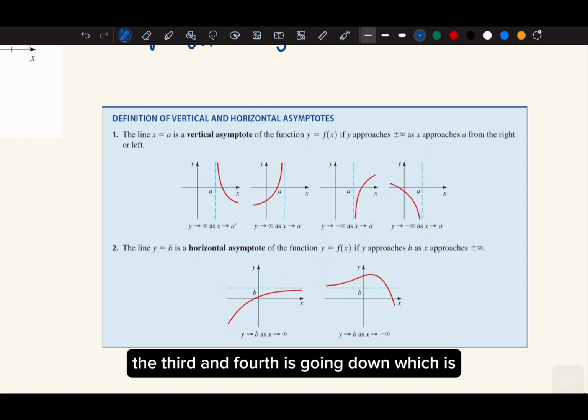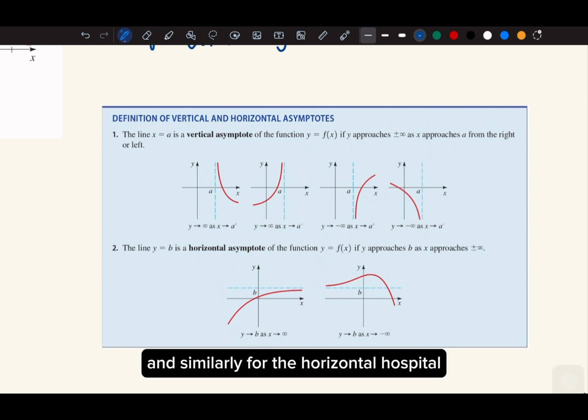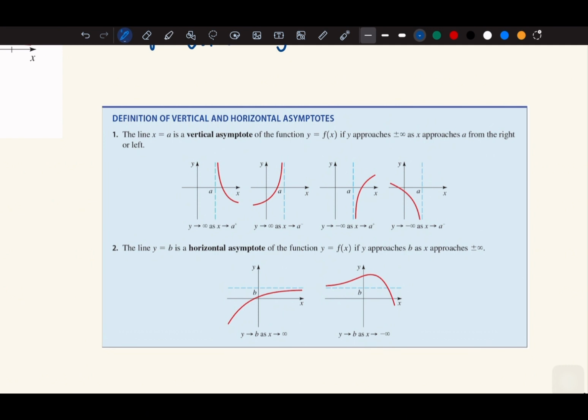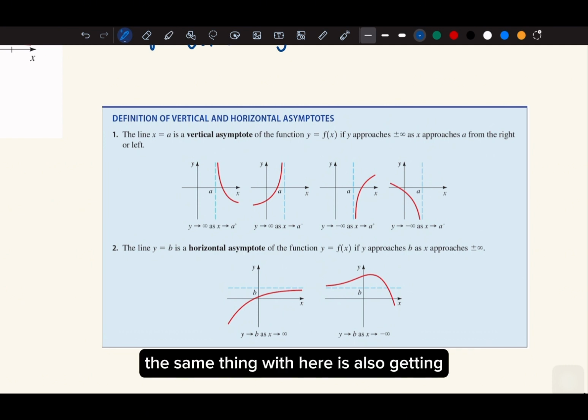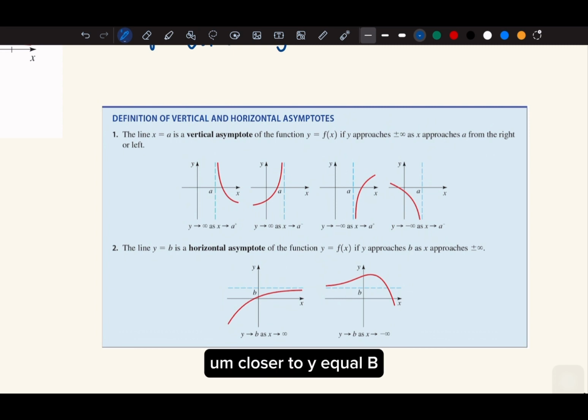The third and then the fourth go up, which leads to negative infinity. Similarly, for the horizontal asymptote, we take x as infinitely large, and then it reaches y equals b. It's getting close. The same thing here, it's also getting closer to y equals b.